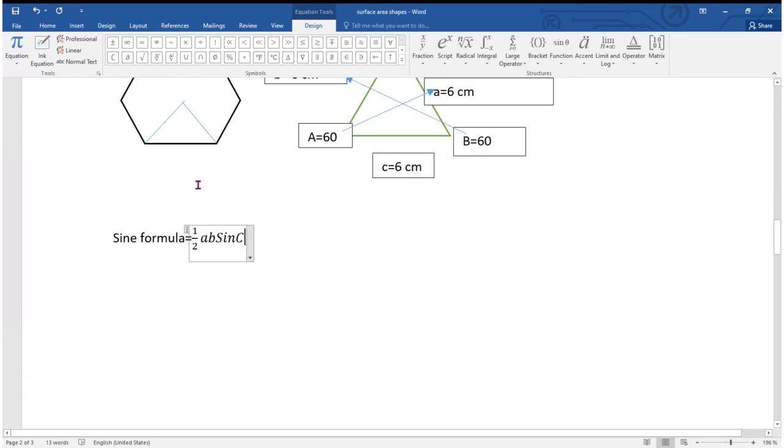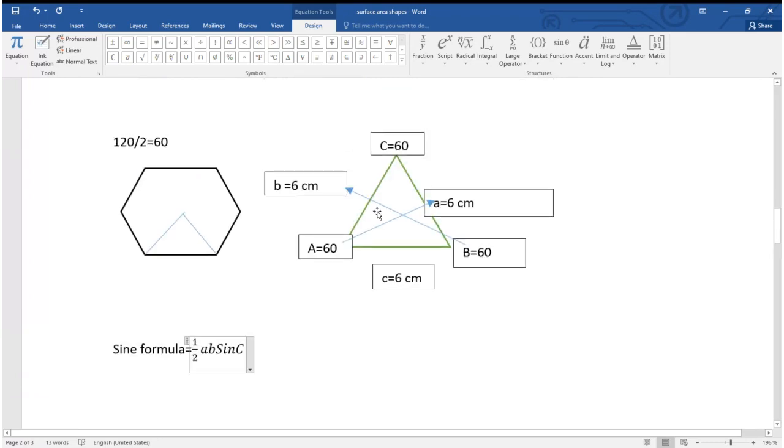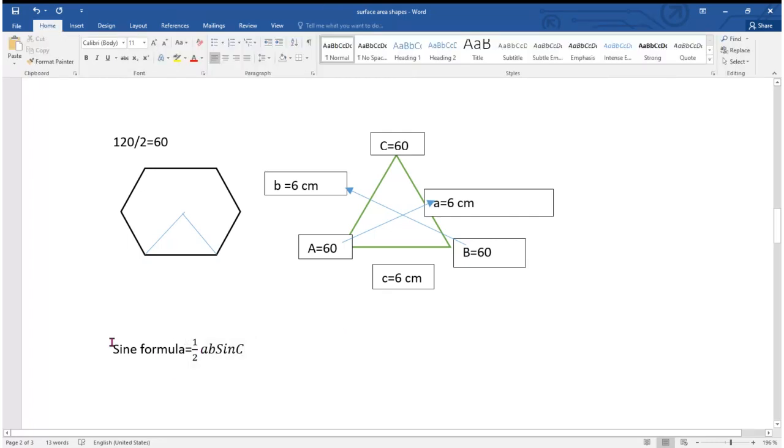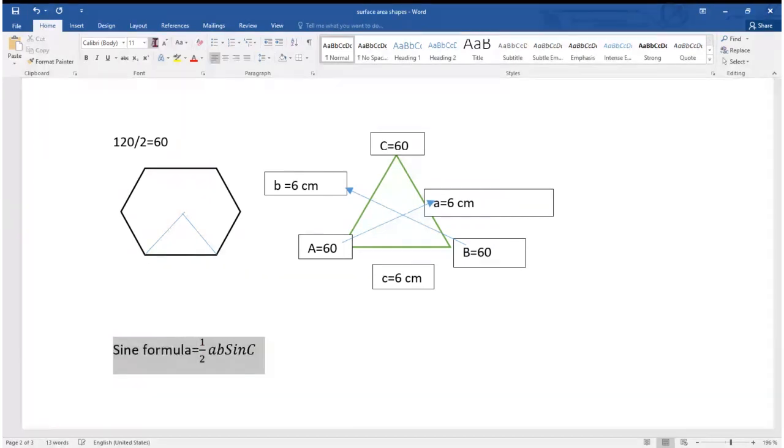A and B are sides because you can see they are small letters. So the sine formula is a half AB sine C. A and B are sides, C is an angle. So the angle at C is 60 degrees.